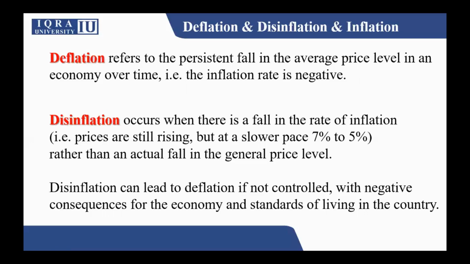A 7% price rise is also a price rise, and at 5% we are also saying prices are rising. But if you compare 7% with 5%, it's a slower rate. So when the rate of inflation is positive but still falling compared with the previous quarter or previous month, that is known as disinflation.